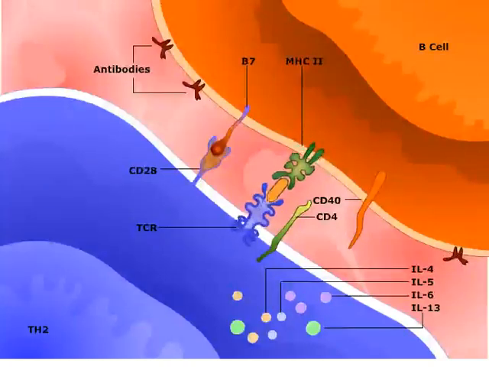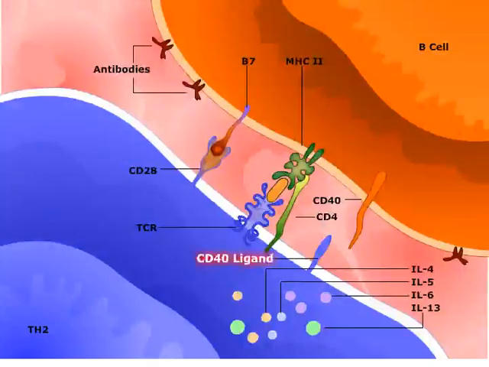T cell receptor binds to the MHC class II peptide conjugate, which contains the antigen. Next, CD4 on the T cell binds to MHC class II on the B cell. This complex synthesizes CD40 ligand, which interacts with CD40 on the B cell surface.